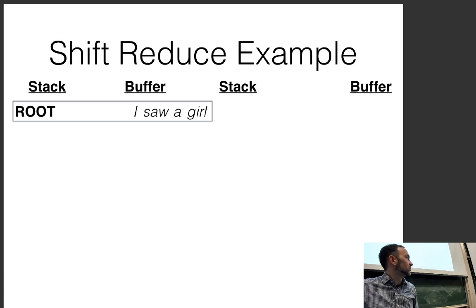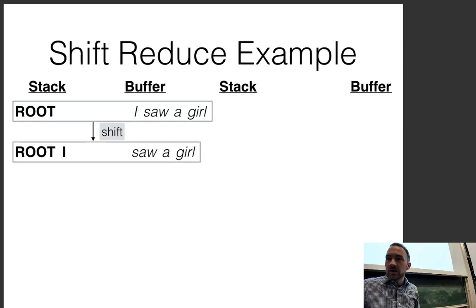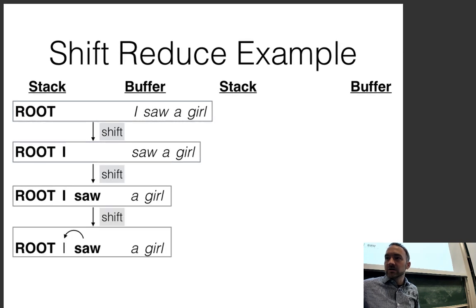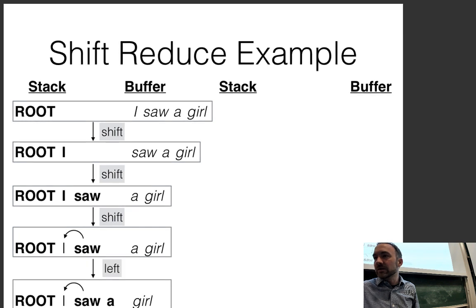The queue is also called a buffer. I'm not being very consistent in my explanation here, but the buffer is I saw a girl. We do a shift to get I, a shift to get saw. Oh, sorry. That should be reduce left. So reduce left to get I saw with a line between them.